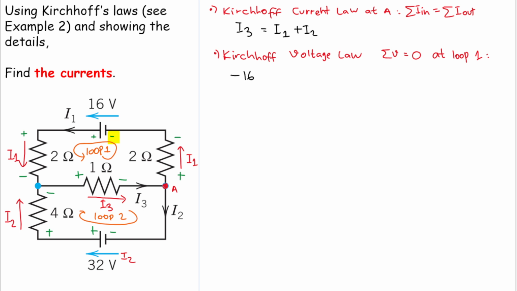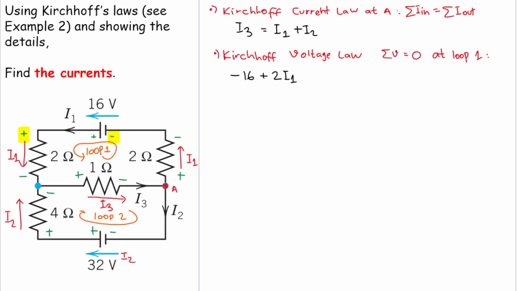And then we have this one here entering the positive terminal of this 2 ohm resistor. So I will have plus 2. And yes, the sign is positive because it is plus, right? And because this is a 2 ohm resistor, we need to multiply it by the current to get voltage. Remember Ohm's law. So I will have 2 multiplied by I1.